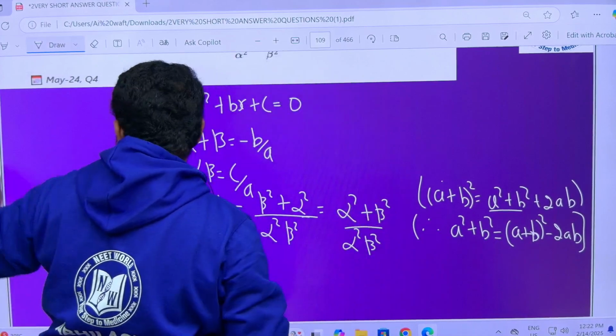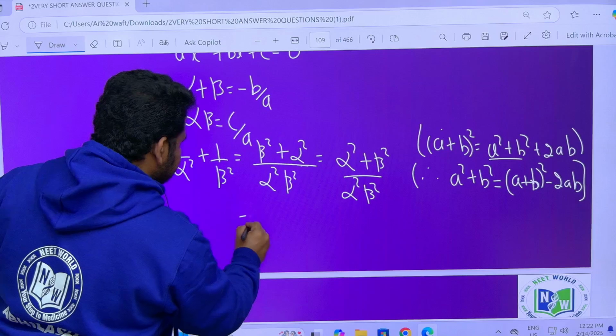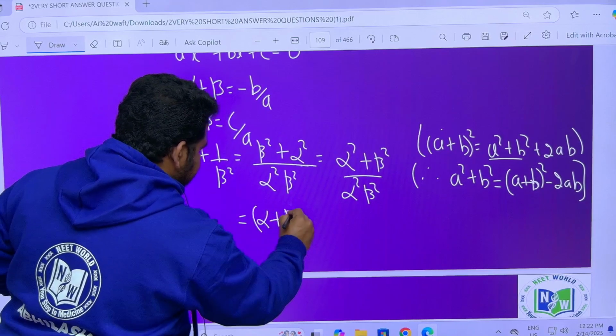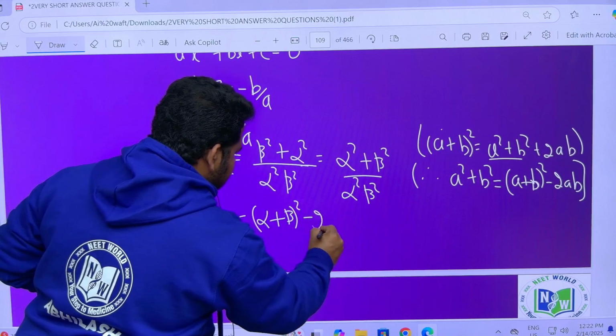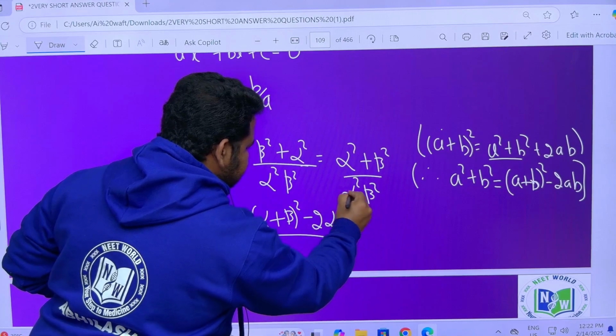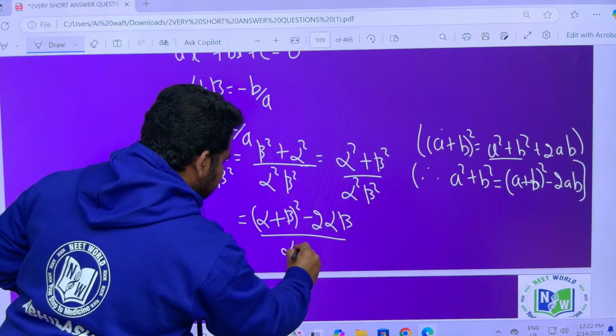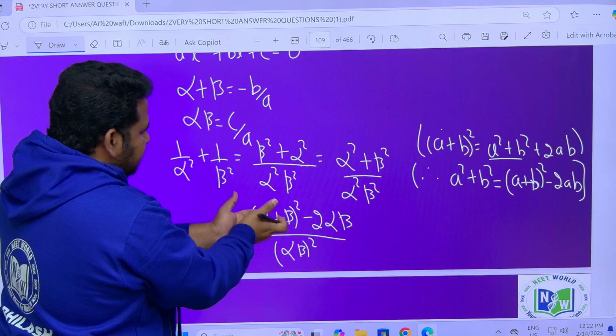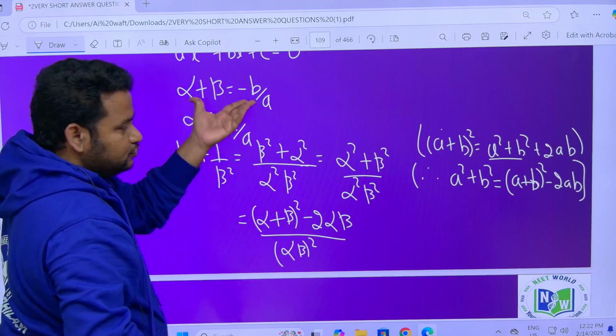So this numerator will become (alpha plus beta) whole square minus 2 alpha beta, divided by alpha square into beta square, which I can write as (alpha beta) whole square. So now we have it in the form of alpha plus beta and alpha beta. We just have to substitute the values.